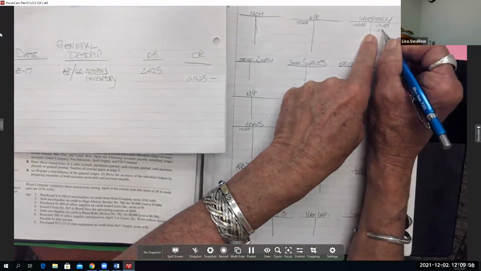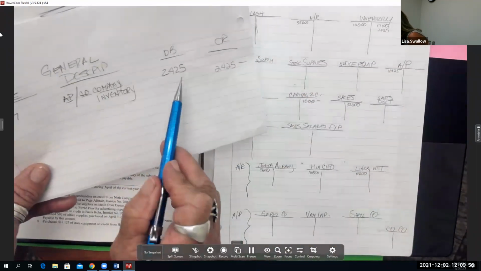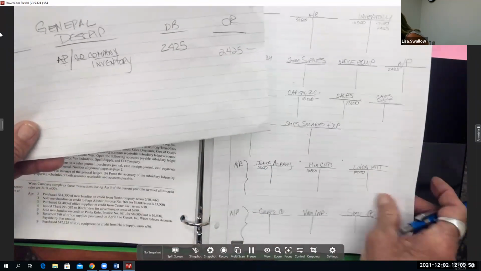Inventory. And then also I've got a debit, the CD company.